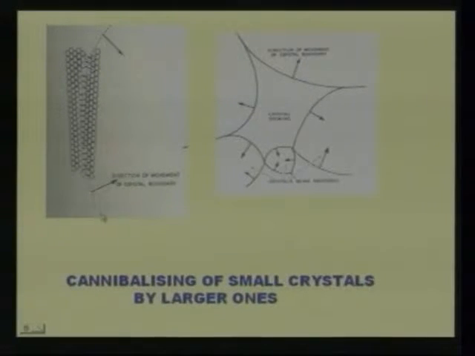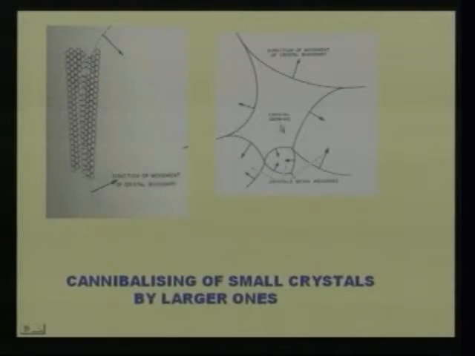You see the direction of the movement of crystal boundaries is away from the center of curvature, towards the smaller crystals. These bigger crystals are absorbing the smaller crystals, so that the entire crystallization takes place, and finally it becomes solidified and the dimensions are reduced. Now you can see clearly here it is a bigger crystal.